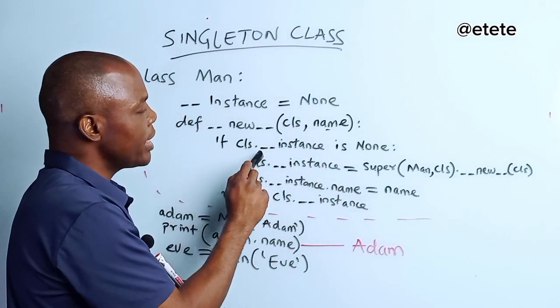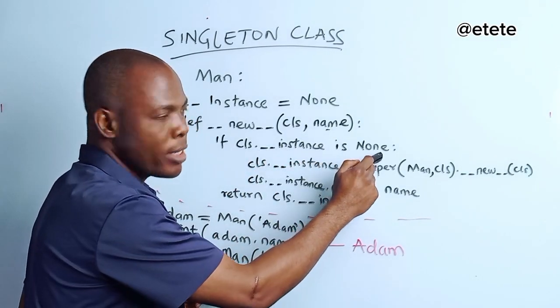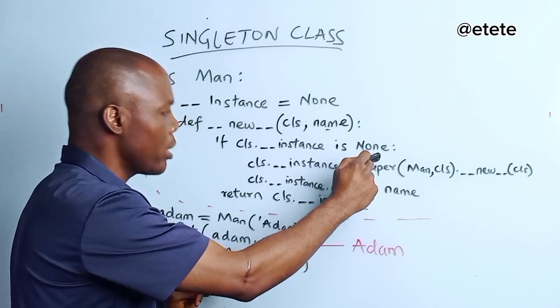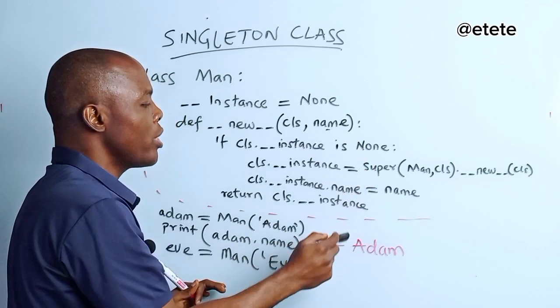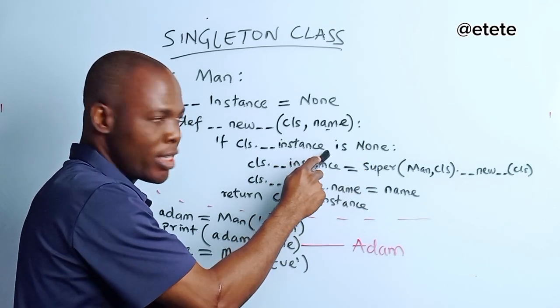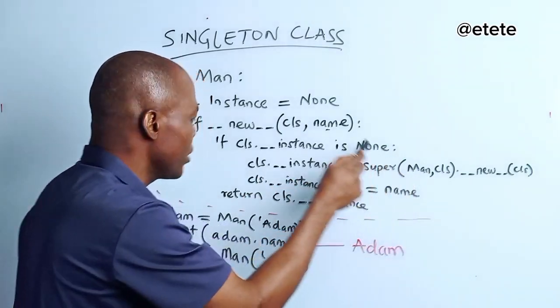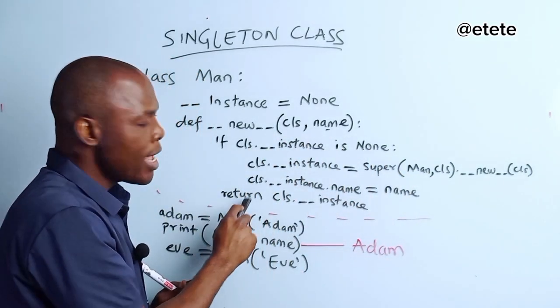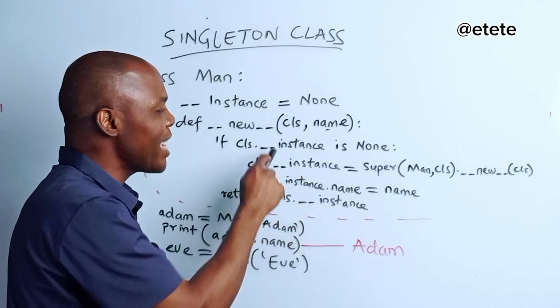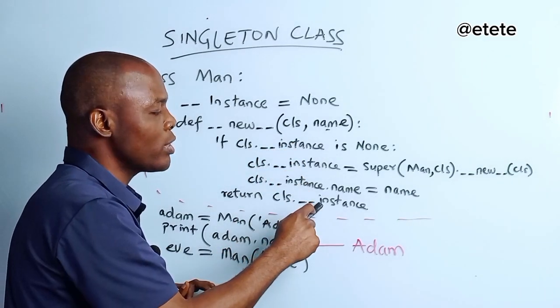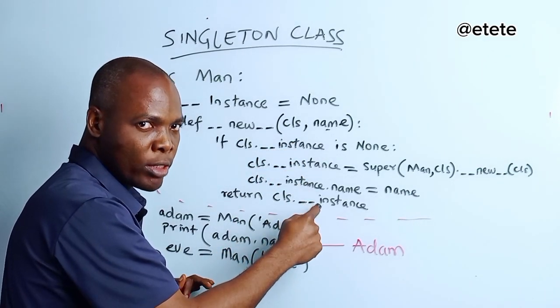It will say if cls.instance is None. Now, is it None? No, it's not None, because at this point you already have an object created for it. So it will not go into this if statement. It's not going to call this. It will simply come to this return, and it will return whatever is inside that instance, which is already Adam. That is what it's going to return.